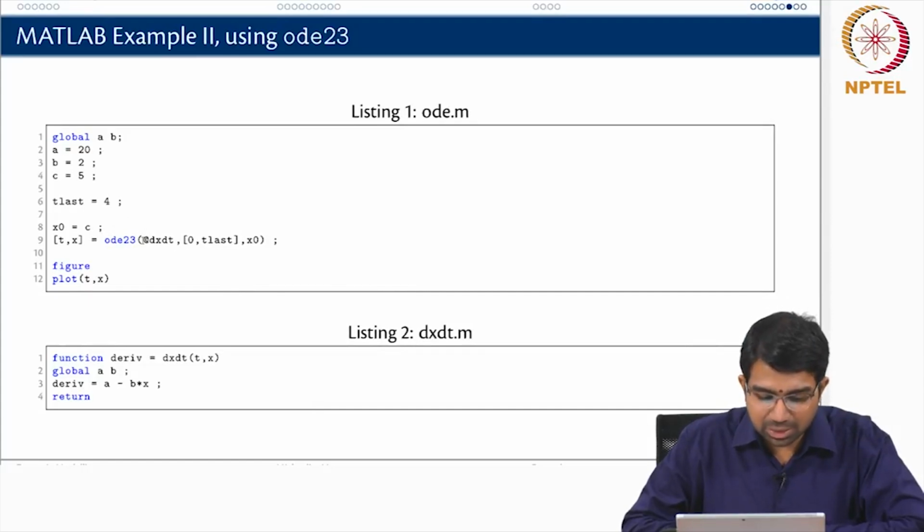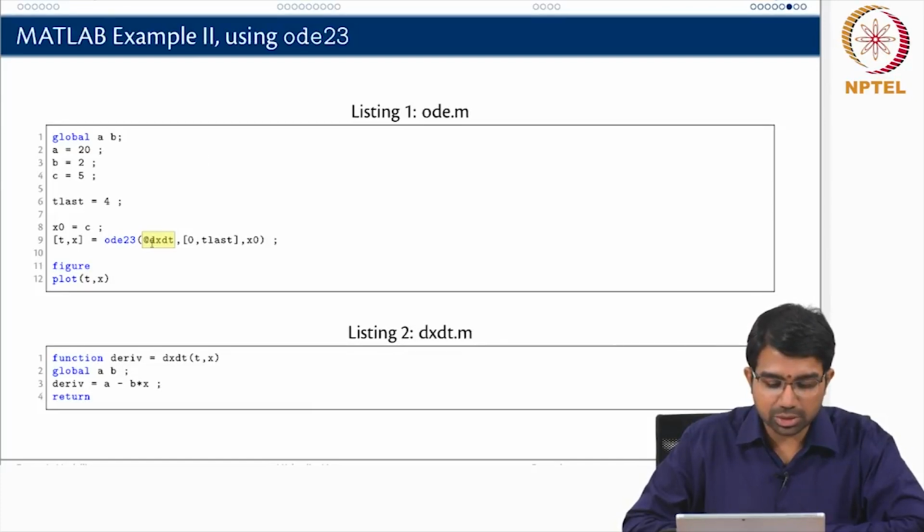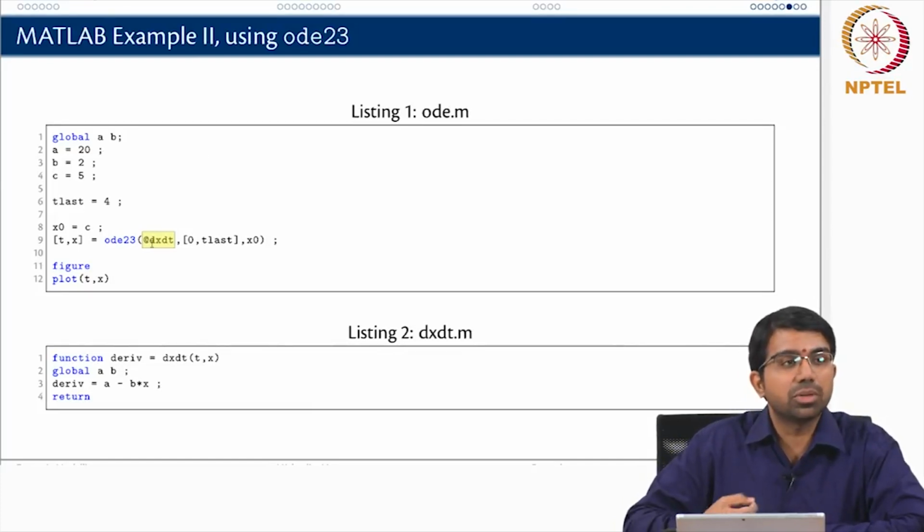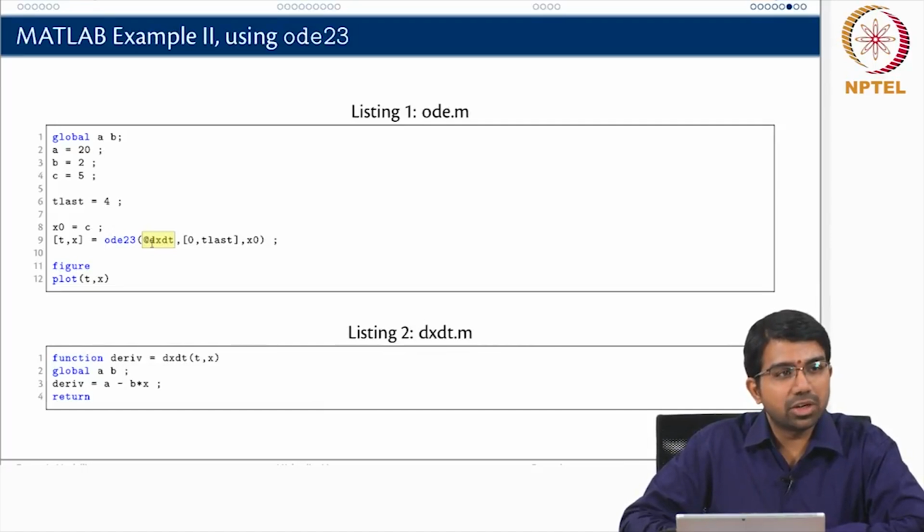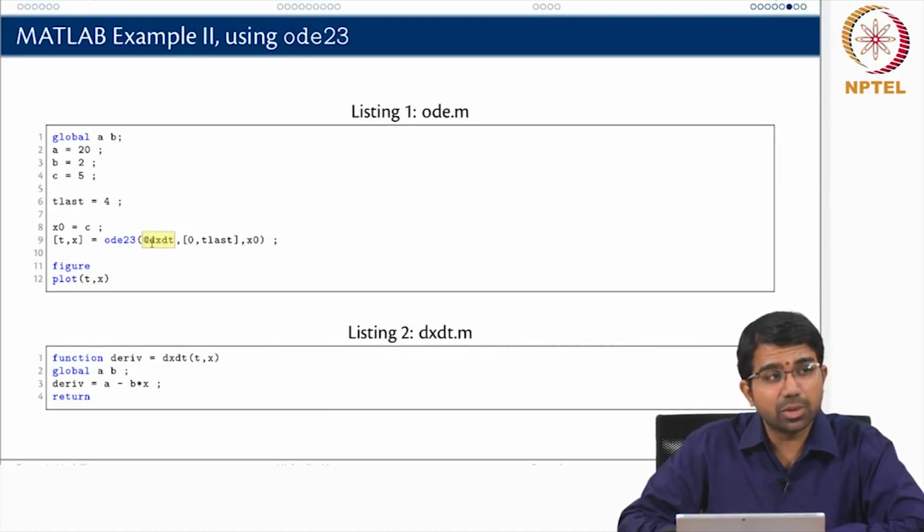And what is this at symbol out here? It is a pointer to a function. So, this is how you give a function as input in MATLAB. The ODE 23 function itself requires a function as input, your f of x basically.